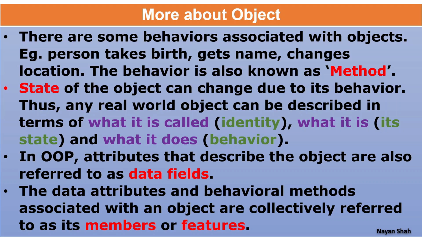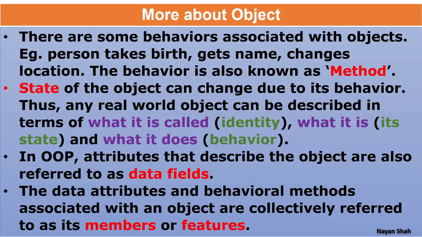When we talk about an object, the object will have three things: what it is called, that is the name of the object; what it is, that is its attributes or the values of the object; and what it does, that is its behavior, the functionality of that object. In object oriented programming, attributes that describe the object are also referred to as data fields.